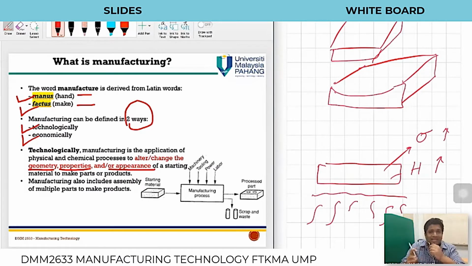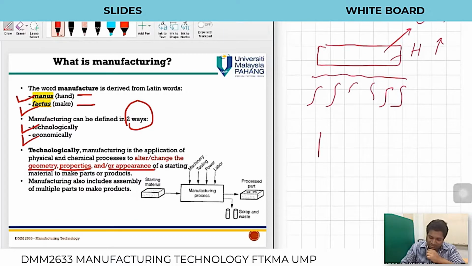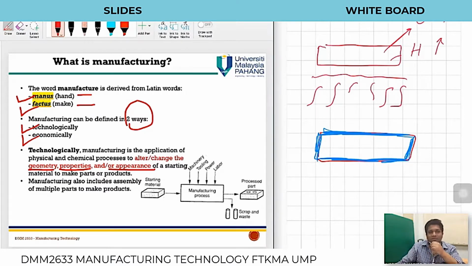Then the second thing is that my product is the same, but I changed the color of the product by either painting or etching or something. So I changed the appearance of the product. This is also a part of manufacturing.